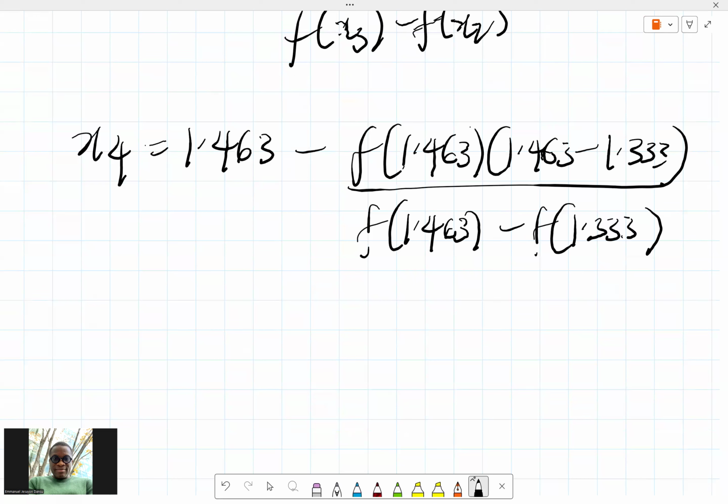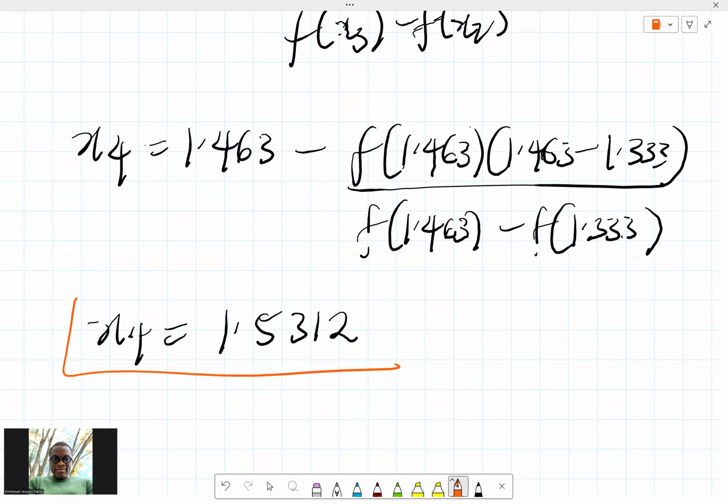You just substitute into the function, and then you get x4 to be 1.5312. Don't mind me, I'm not consistent with the decimal places, but it's better to be consistent, maybe take it to at least four decimal places.